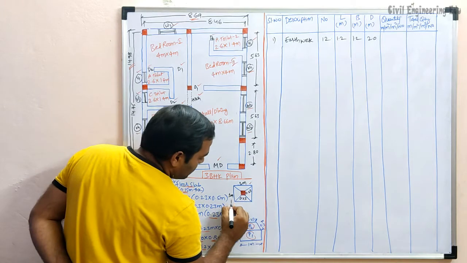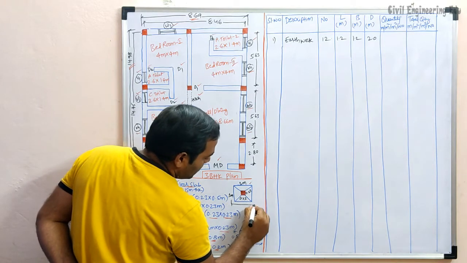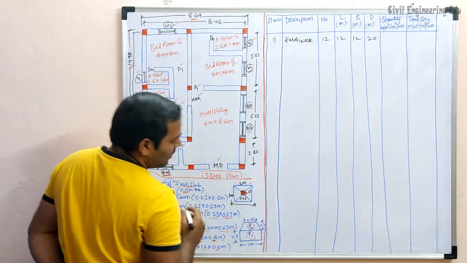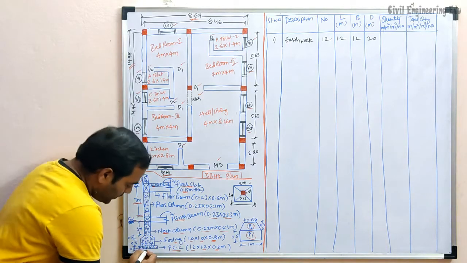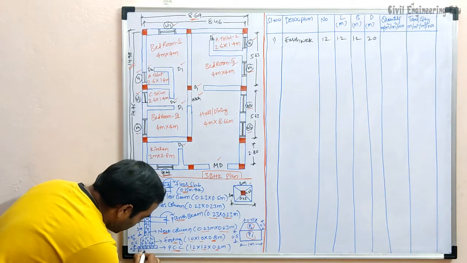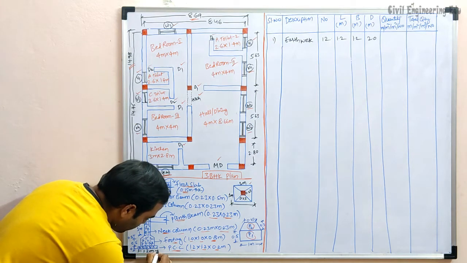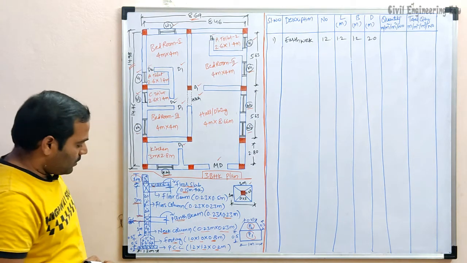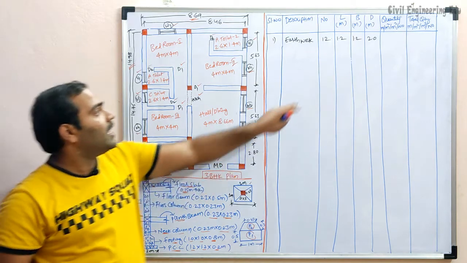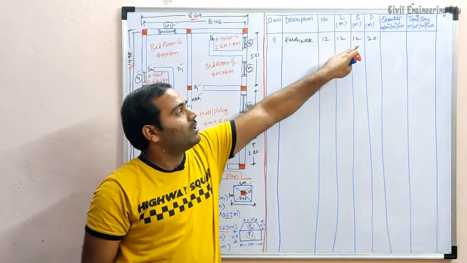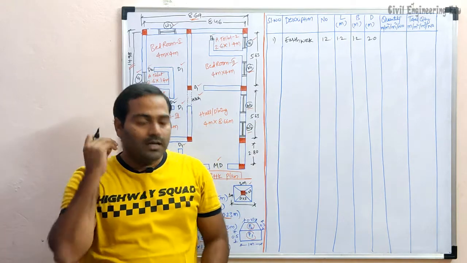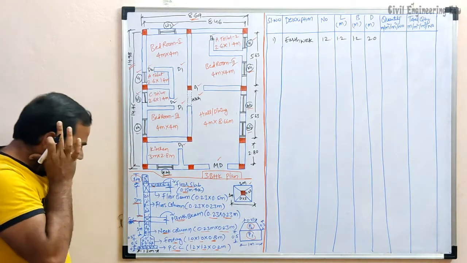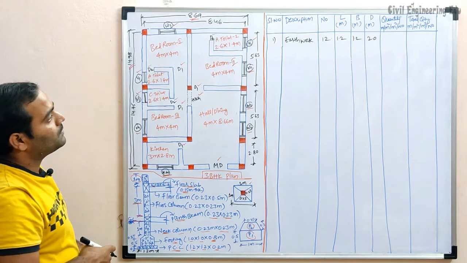On either side I have taken 0.1 and 0.1 for PCC. So the PCC dimension will be 1.2 meters. That is the reason I have taken 1.2 meters as length, 1.2 meters as breadth, and 2 meters as the total depth. This is the reason I have taken 1.2 by 1.2.